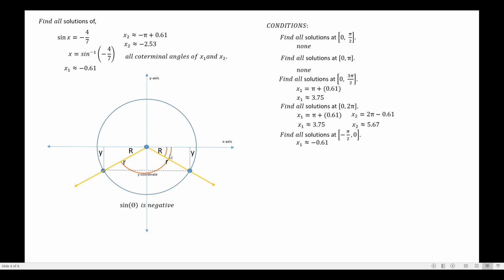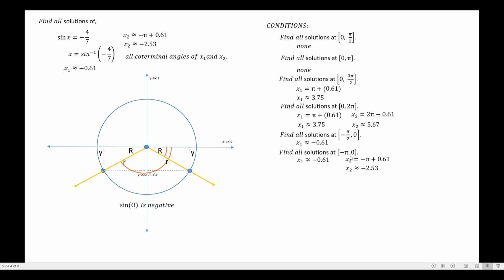Then for negative pi to 0, the values from negative pi until 0, again clockwise revolution, the value should be negative pi plus 0.61. So you have two values. The second value will be approximately negative 2.53.